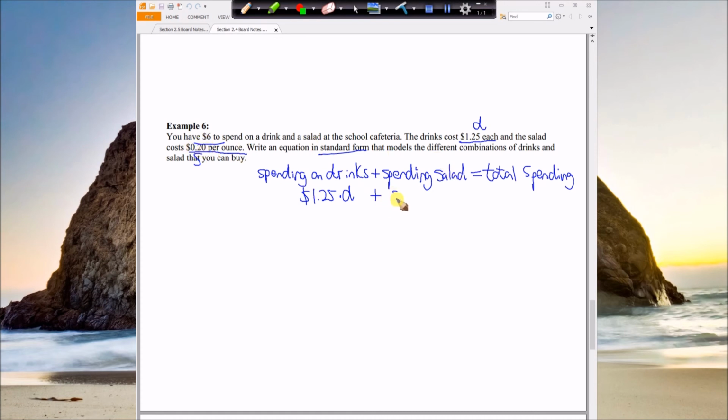So it would be 0.20 times S for salad, ounces of salad. And that must be equal to $6, or maybe even less than or equal to $6, but we're doing linear equations, so equals $6, okay? So there's my equation that models the different combinations of drinks and salad I can buy to get me to $6.